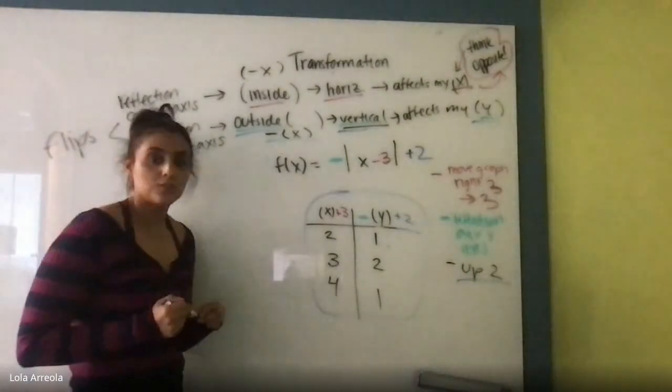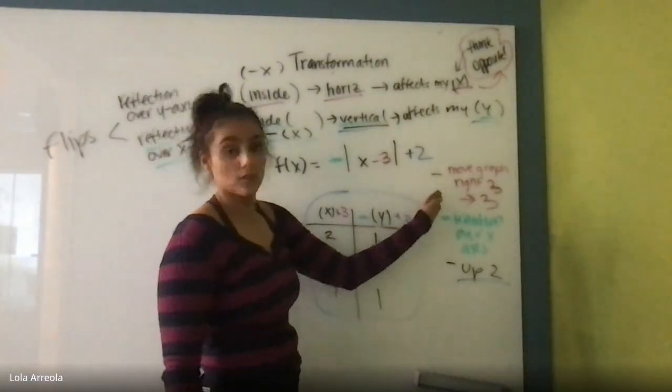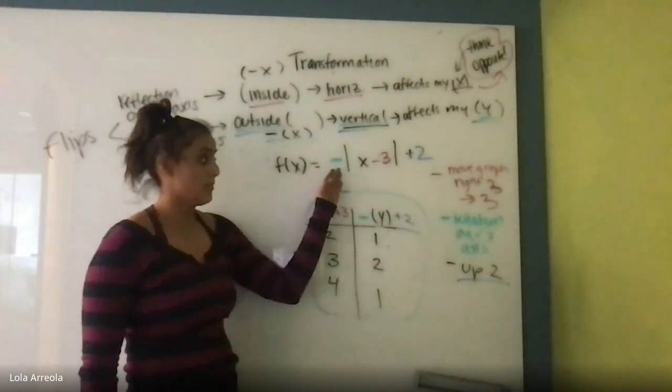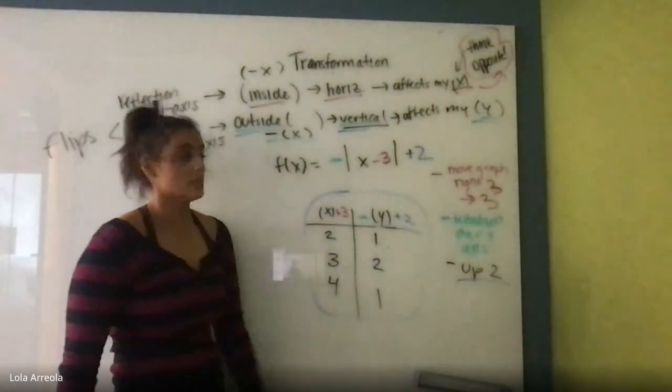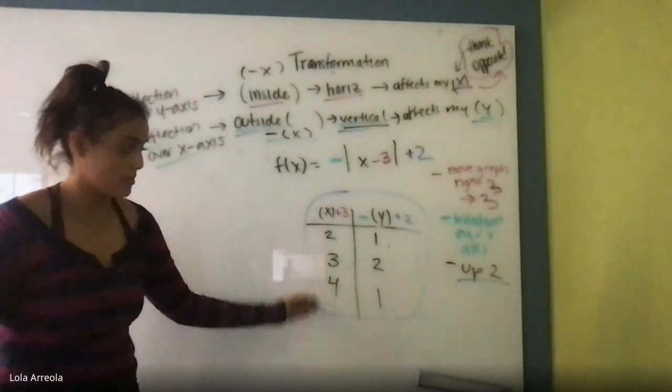Okay, what I want you to understand is that the transformations are the same. This is still going to move my graph to the right. This is still going to reflect my graph over the x-axis. This is still going to move my graph up 2. And this is still going to be my resultant point.